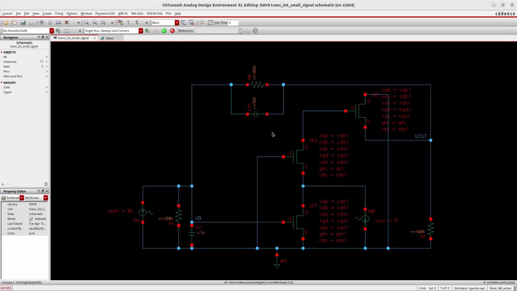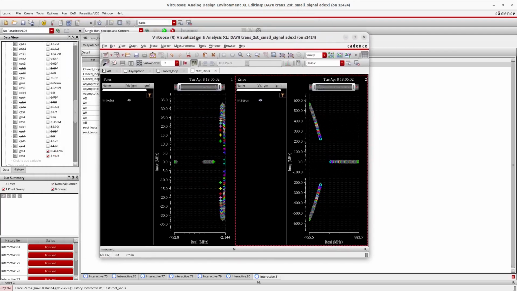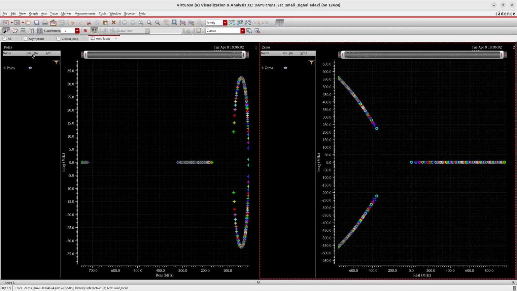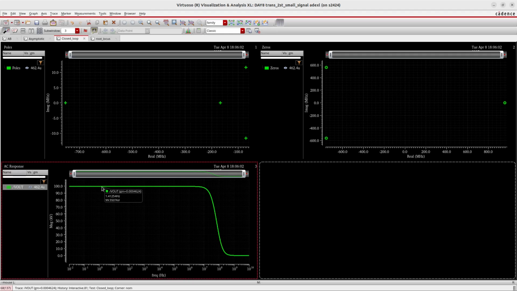So here is our setup. Very quickly, we check the simulation results that we have. Basically the closed loop gain has a 100 kilo ohm resistance, and this time we have a much better loop gain.